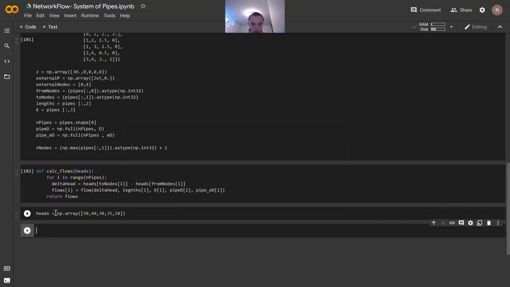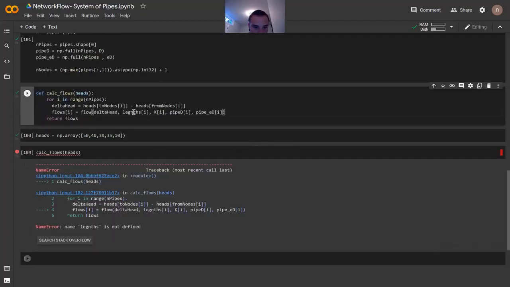Shift enter those, and then now we can test. So we have calc_flows, iterated through each of our heads that we just specified. This should give us an array of our flow values.